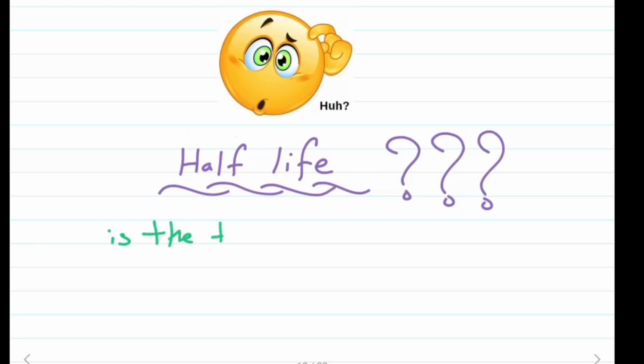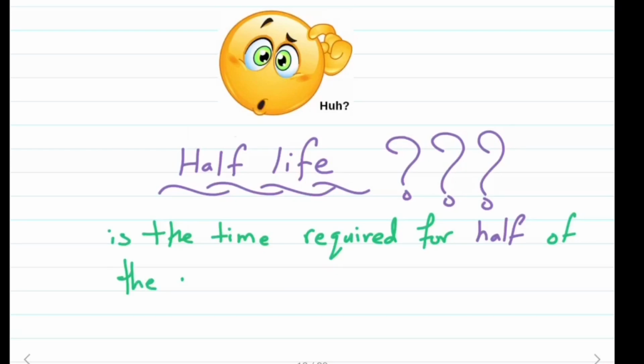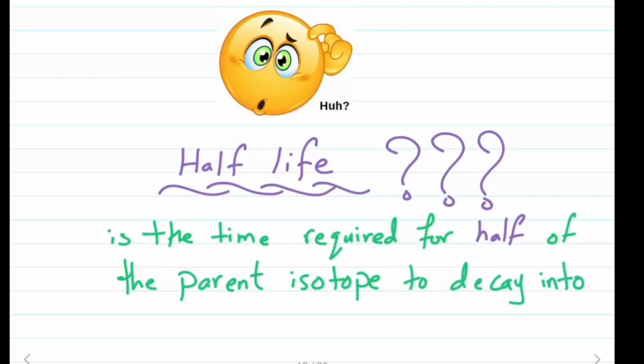Alright, I've said half-life a couple of times now: first half-life, second half-life, third half-life. But what does it actually mean? Half-life is the time required for half of the parent isotope to decay and become a daughter isotope. Again, what does that really mean?